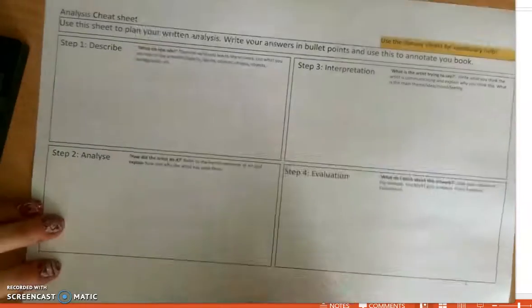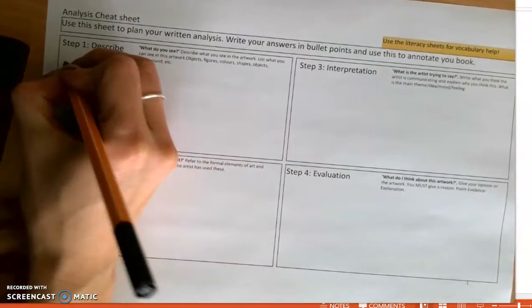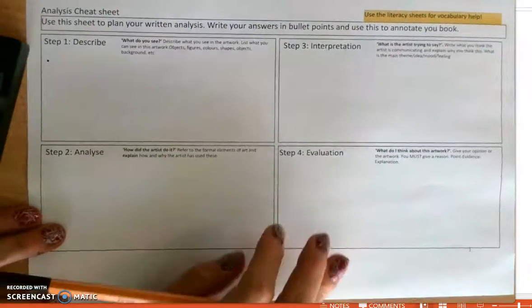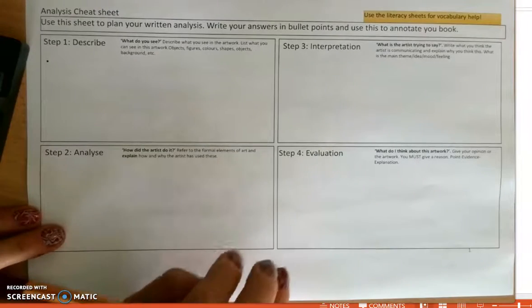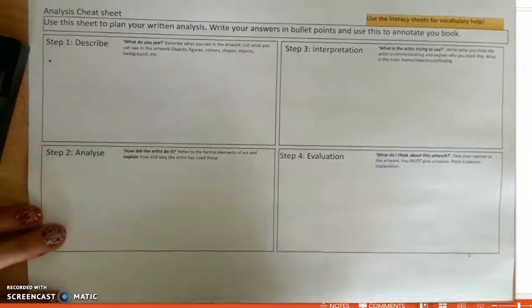Right, so for the describe part, you need to describe the artwork. So you're not going to explain what you think about it, why the artist has done it. You are just describing what you can see. So first of all, the artwork is called Jerome, Arizona.